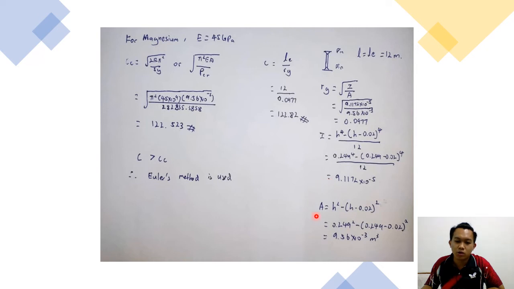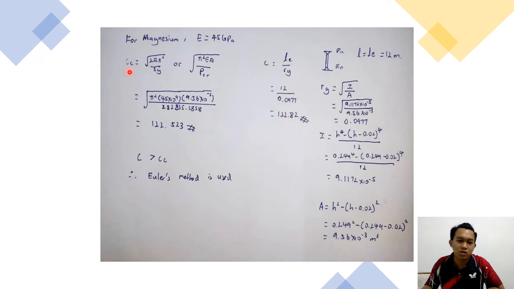For the area, also the same. Just substitute the value of h into the equation, then we get 9.56 times 10 power of negative 3 meter squared. Then we plug it into this equation, and we get Rg equal to 0.0977. Therefore, C is equal to 122.82.